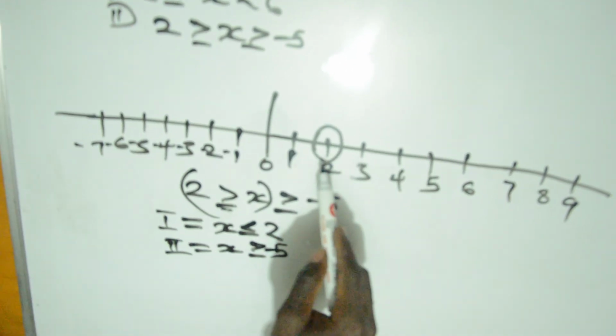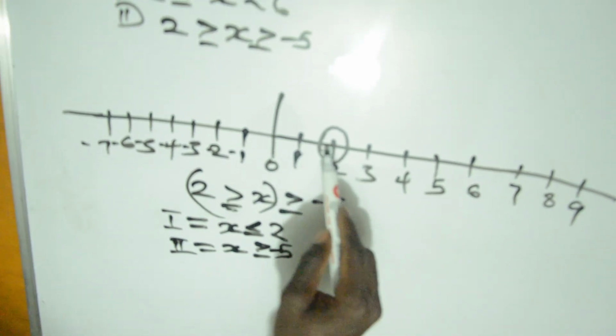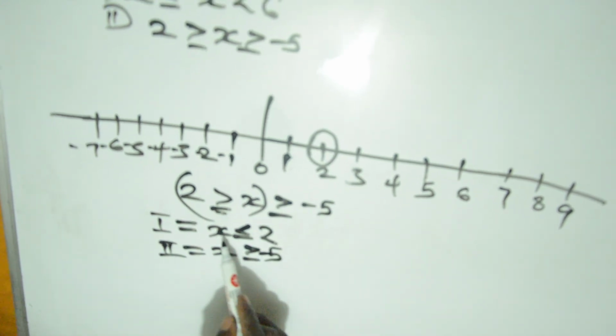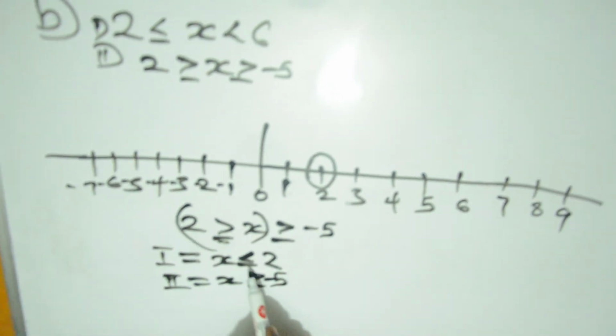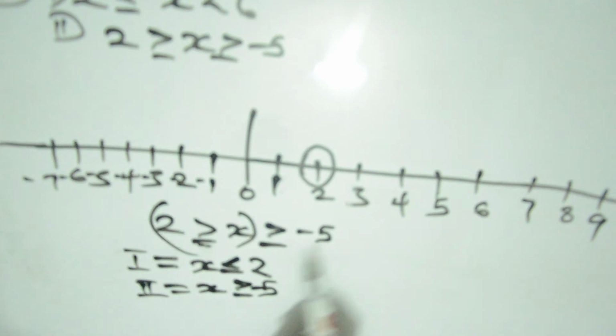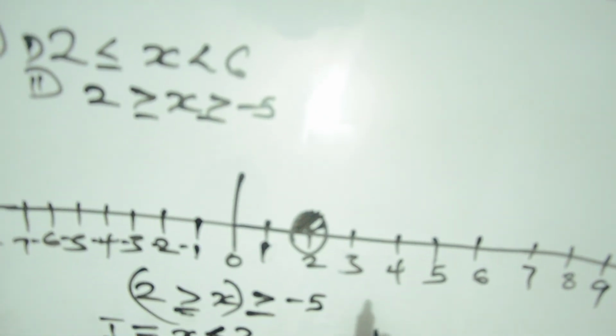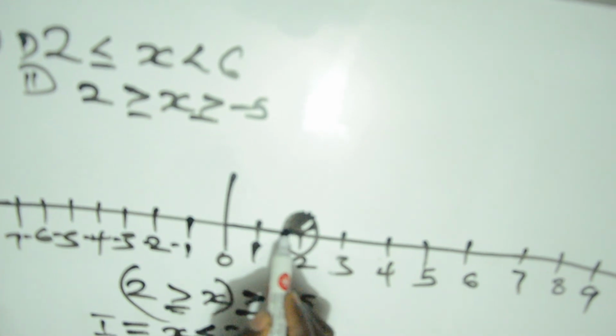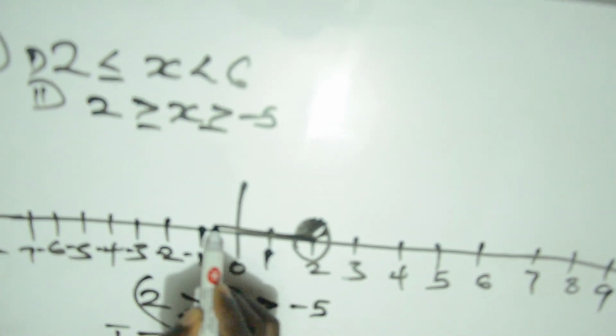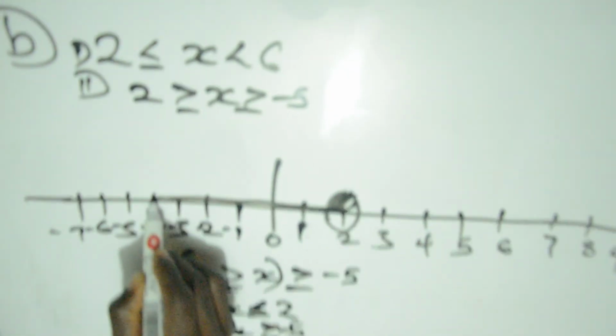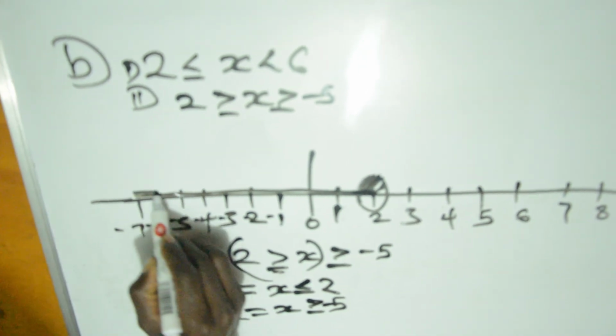So we're going to our number line where 2 is, it's here, and then the equation says x is less than or equals to 2. So it means 2 is inclusive of the numbers because it's equals to, and then those numbers are those that are below, up to here.